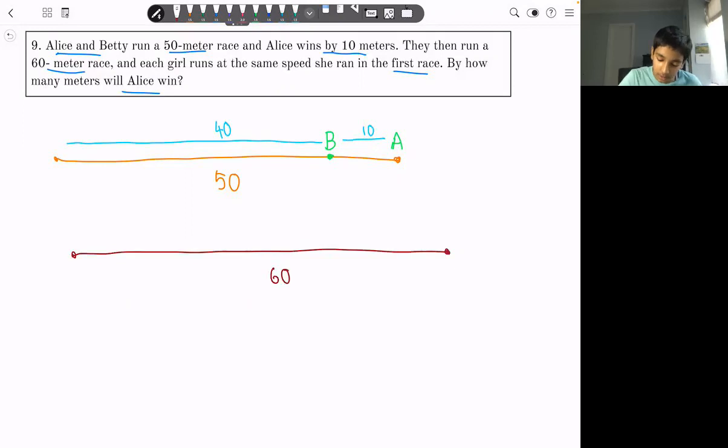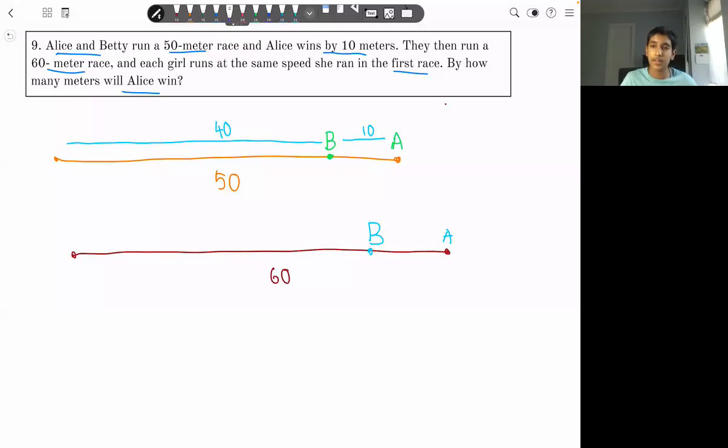The idea here is that the ratio of their speeds stays the same. Let's just look at the ratio of their speeds. The same ratio of the speeds will apply. As I said earlier, the hint here is that the ratio of their speeds is the same. When Alice goes 50, Betty goes 40.